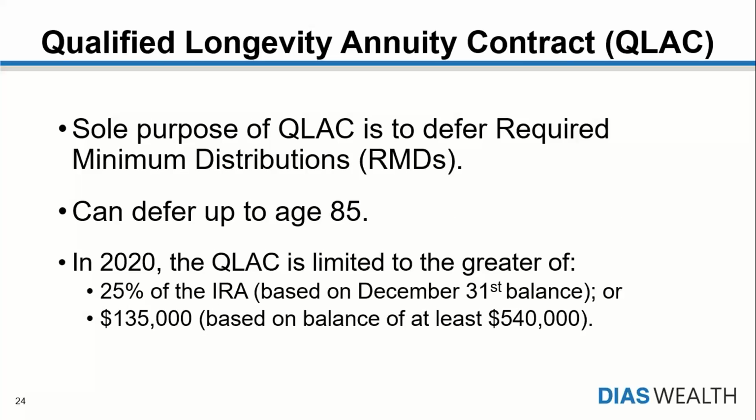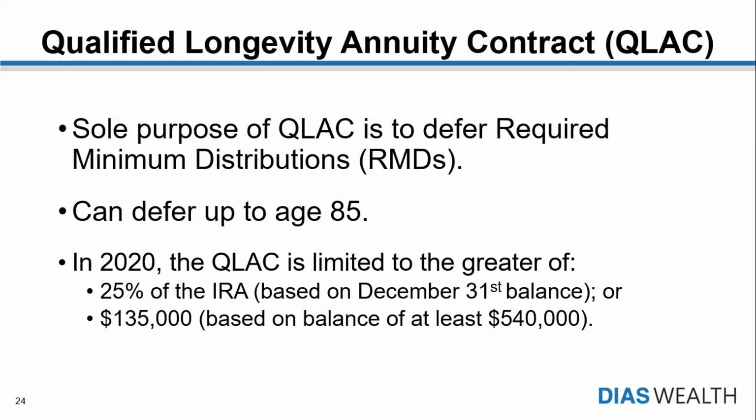The QLAC was specifically created to defer required minimum distributions. Essentially, you can defer up to age 85. Let me break it down for you. It's either 25% of the IRA balance based on December 31st, or a maximum of $135,000. And this would be based on a balance of at least $540,000.